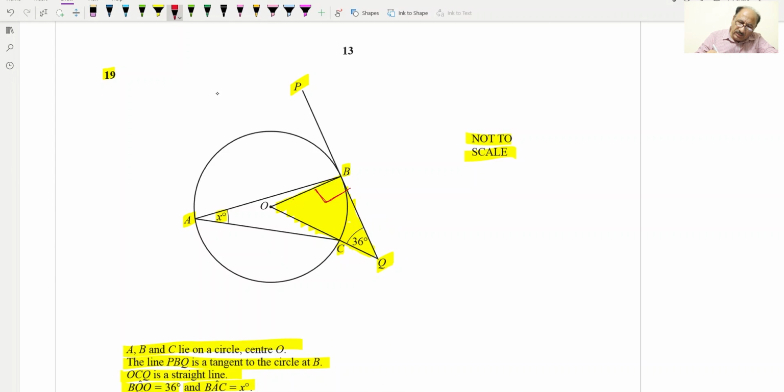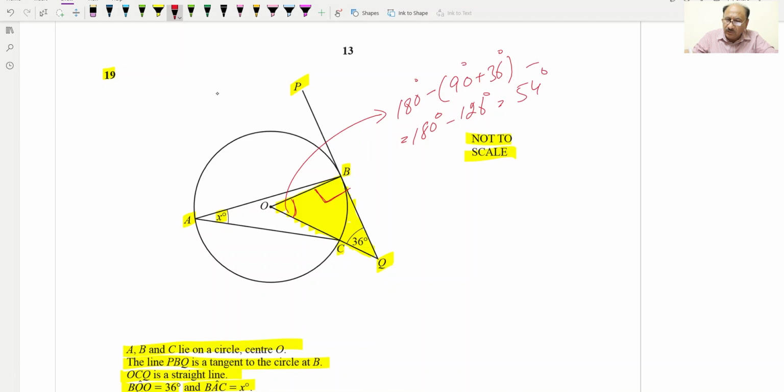So the remaining angle we can calculate. This will be 180 minus 90 plus 36 degrees. Sorry, 180 minus this one. So 180 minus 126 will be equal to 54 degrees.